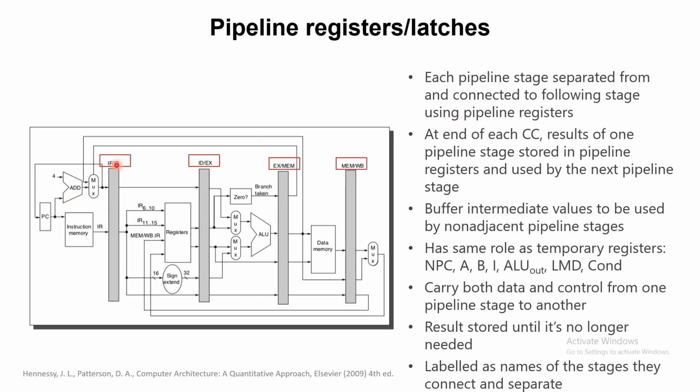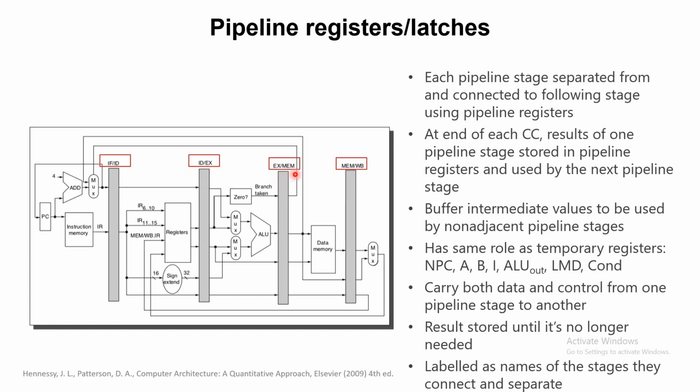Okay, so there will be a set of registers over here which will be used to store the data of the first stage, the fetching stage, and this is called IF/ID. Then there is again a set of registers between the second stage, which is the decoding stage, and the execution stage, so the name of this register is ID/EX.